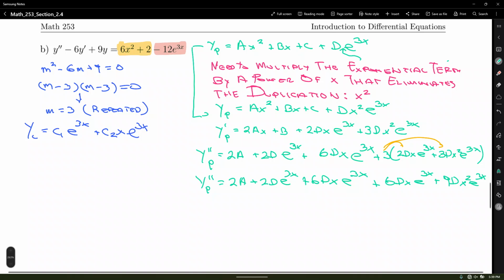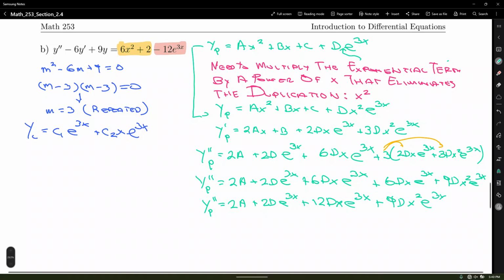Guys, you don't want to substitute all of this into the DE. So combine any like terms, which are actually 6dx e to the 3x with 6dx e to the 3x. Okay, y sub p double prime is 2a plus 2d e to the 3x plus 12dx e to the 3x plus 9dx squared e to the 3x.